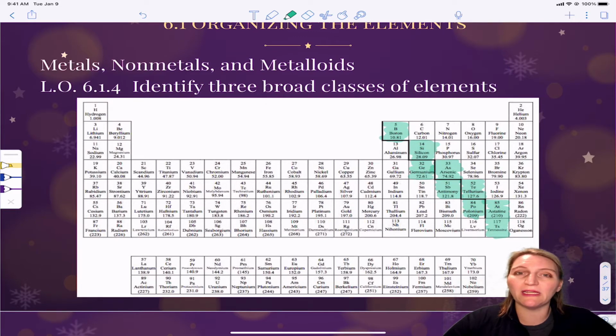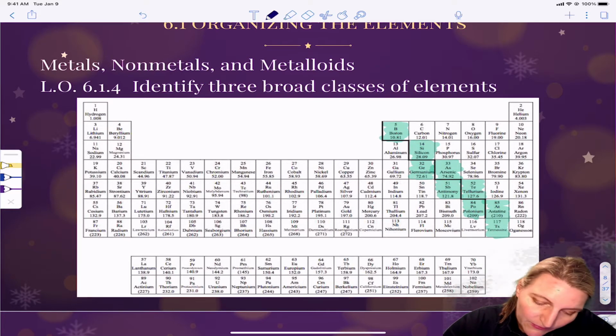For the purposes of this exercise, we're going to count hydrogen as a non-metal. So we're going to color it whatever color you decide to color the non-metals. So everything on the left-hand side is a metal except for hydrogen.